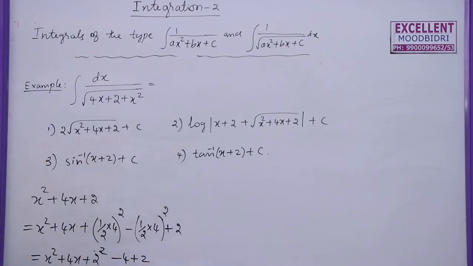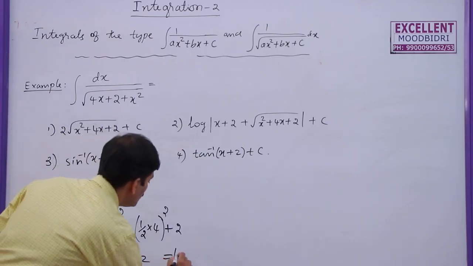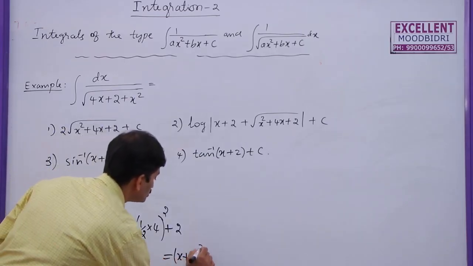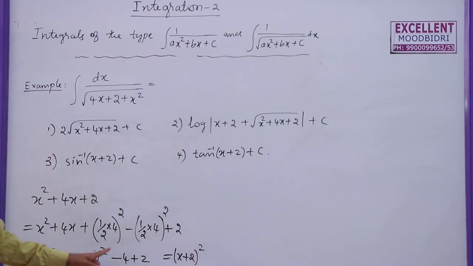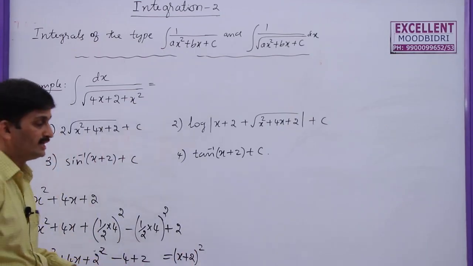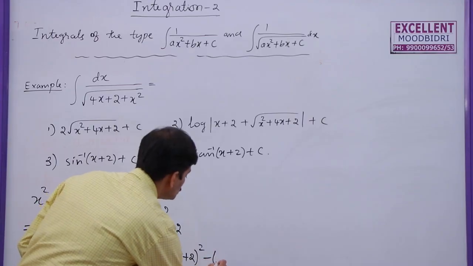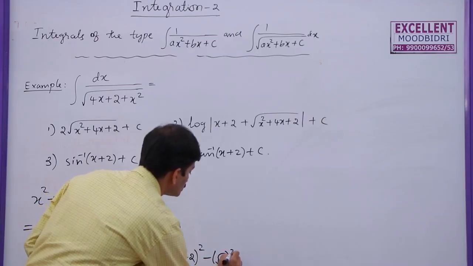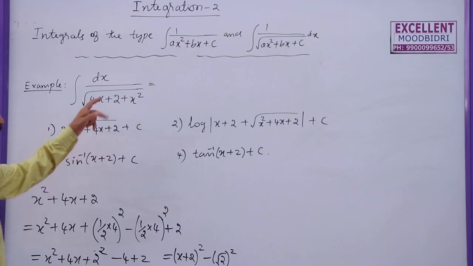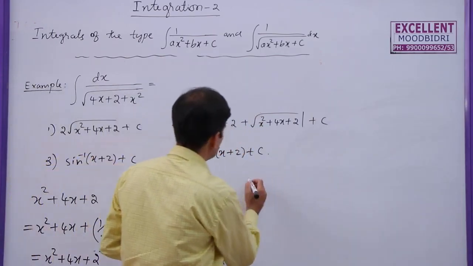Correct? Now look at this expression. It is in the form of a square plus b square plus 2ab, so a plus b whole square. So x plus 2 whole square minus, 4 plus 2 is minus 2. Minus 2 can be written as minus root 2 whole square, correct?